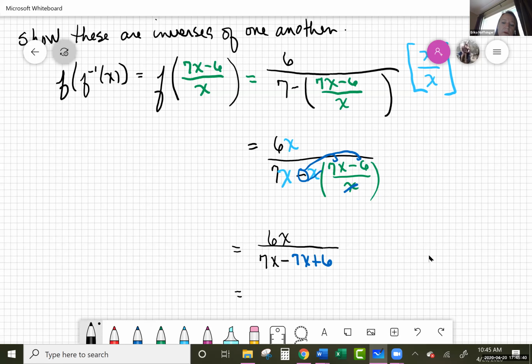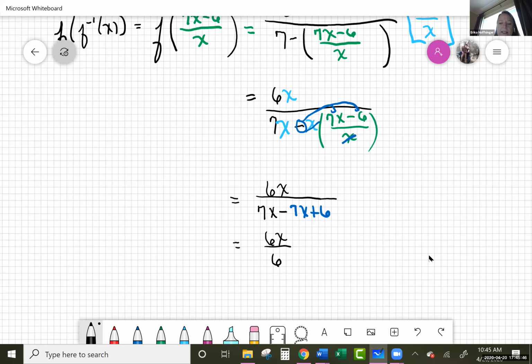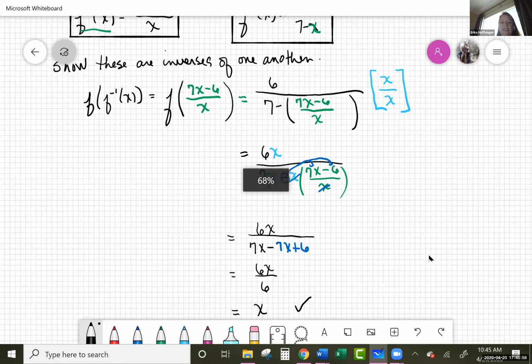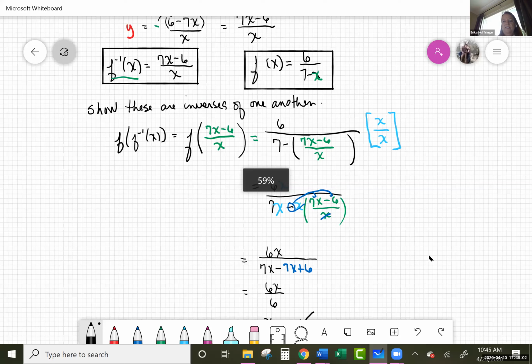So this is equal to 6x all divided by, well, 7x minus 7x cancels, all over 6, which is giving us back what we exactly wanted, which is x. So we showed that what we found was indeed the inverse function of our original function f of x.